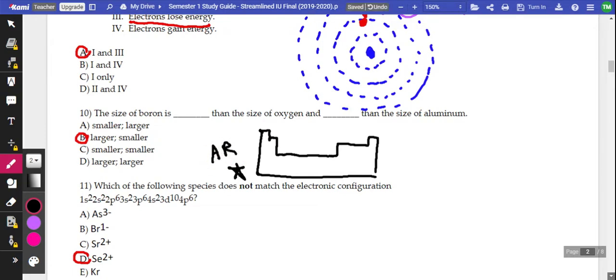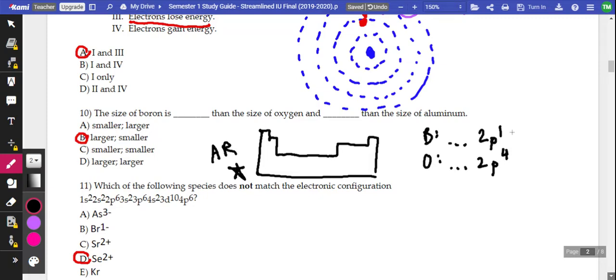So boron is going to be bigger than oxygen because their electrons make it out to about the same distance from the nucleus. Boron ends at 2p1 and oxygen ends at 2p4, so they both make it out to the second energy level.